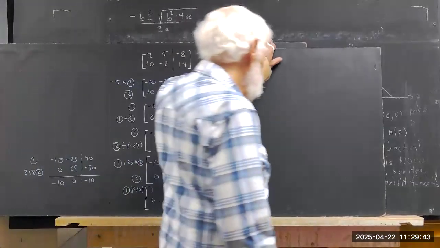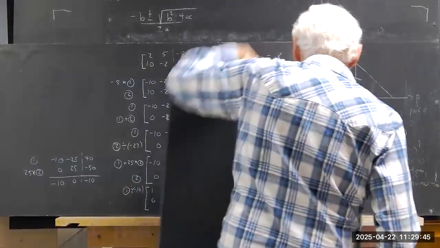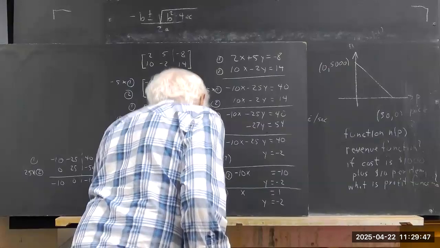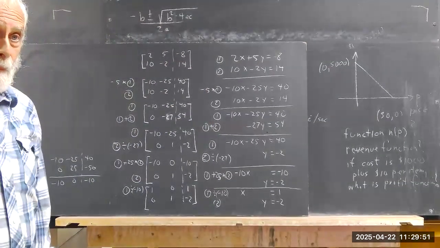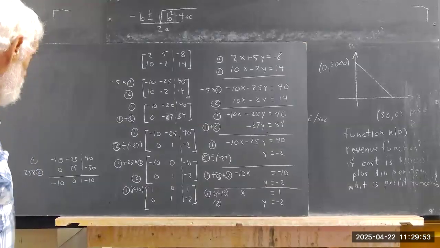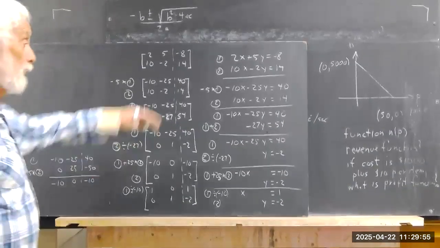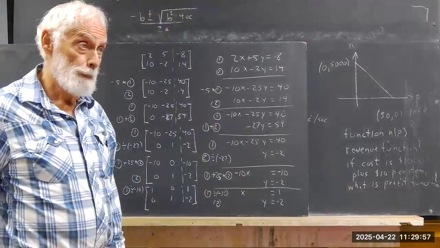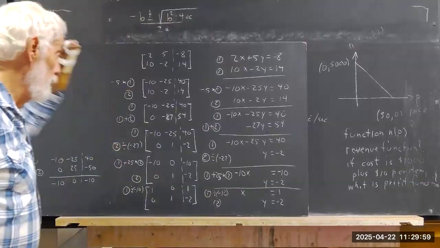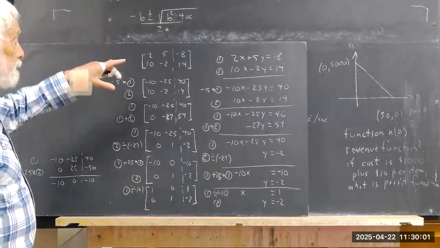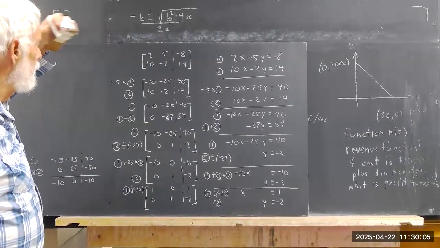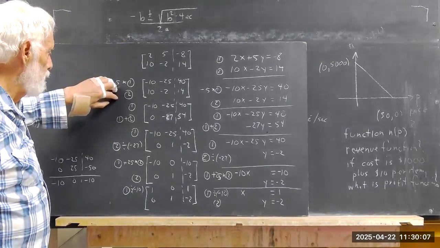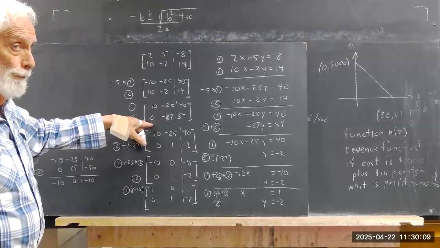Now that totally mimics what I did here. Every step is identical. Okay. And again, none of this side stuff cluttering up the process. Here, I see that I can, by simple step, get a zero here.